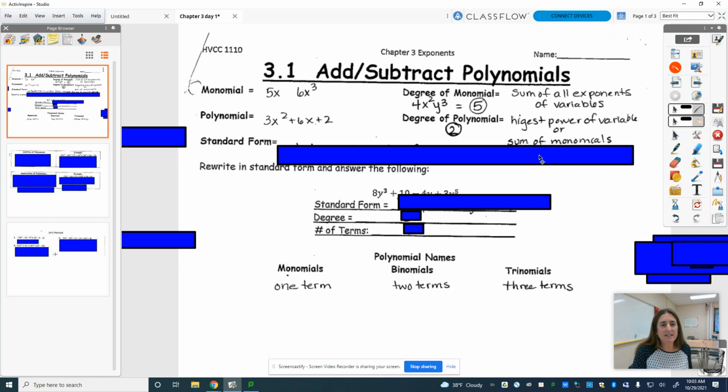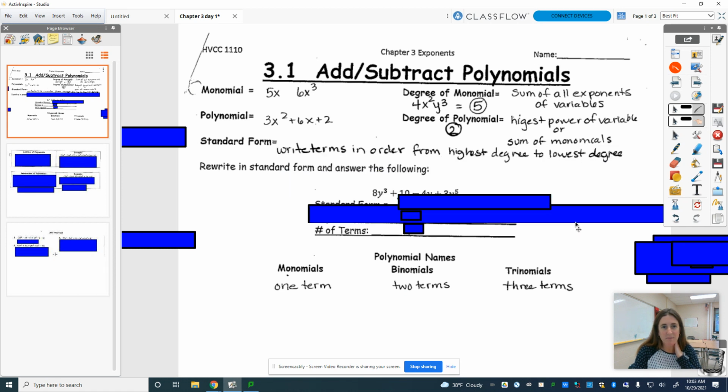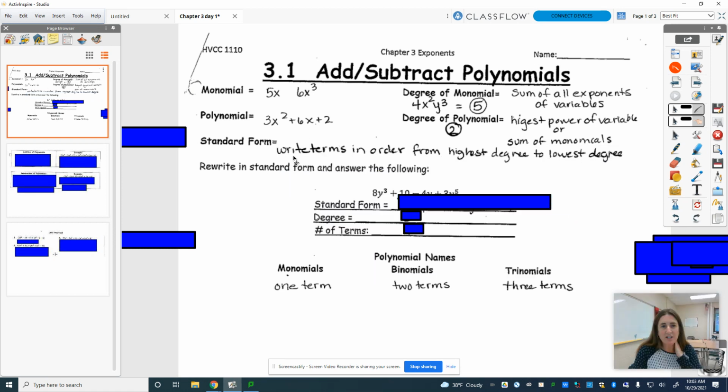Now, say you were going to write something in standard form. That's generally the way we'll see a polynomial written. You're going to write your terms in order from highest degree to lowest degree. So for example, if we look over here at 8y to the third plus 10 minus 4y plus 3y to the fifth.